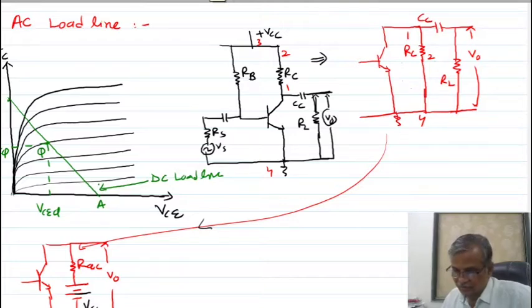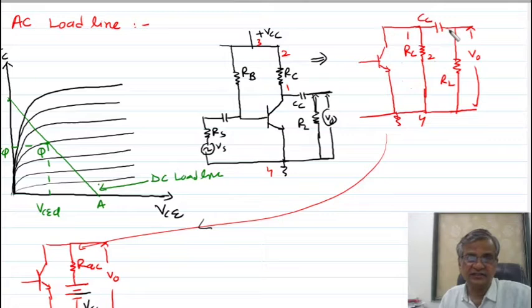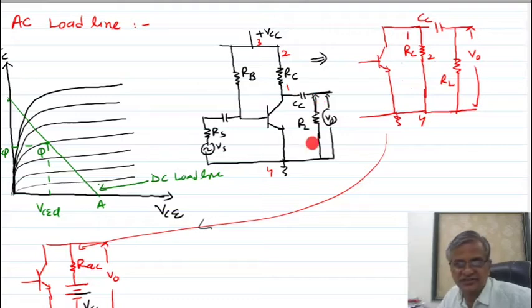Now this coupling capacitor is used only to block the DC. CC is selected in such a way that it offers very low resistance to the AC. It has to only block the DC, so you will get only AC here.